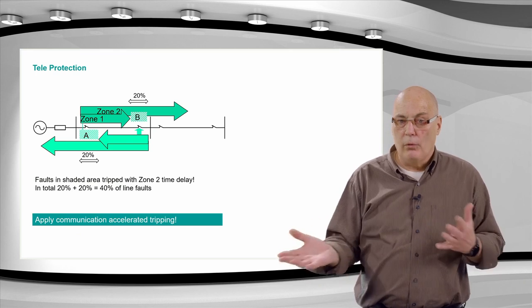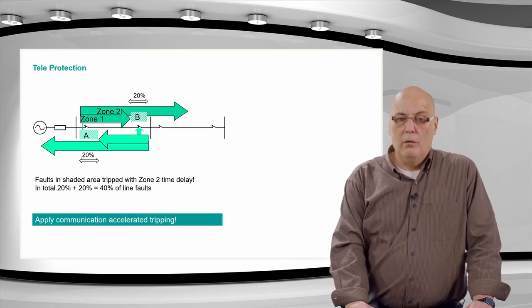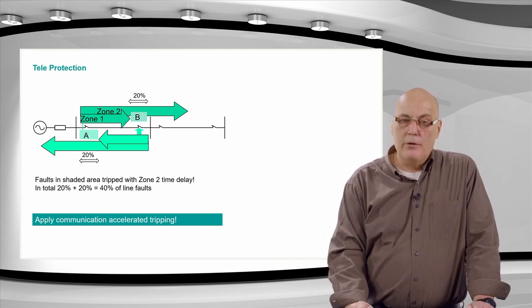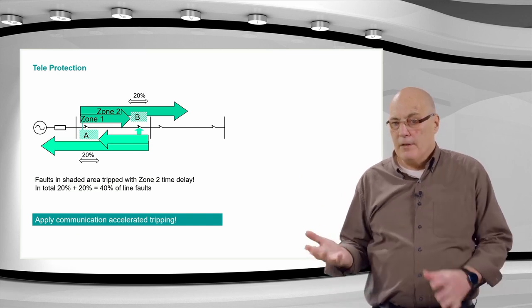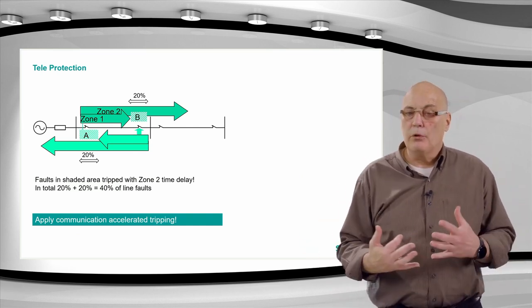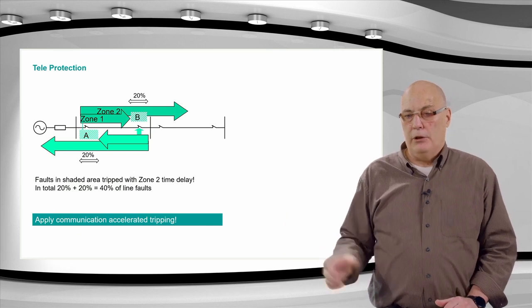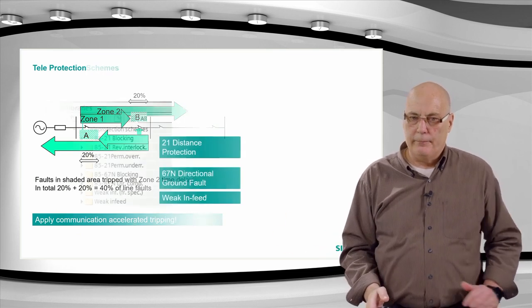It means for a fault, one of the sides will have delayed tripping. And delayed tripping is not good for power quality, system stability, and many other things. We want to try and avoid that, and teleprotection will give us a technique to do that.